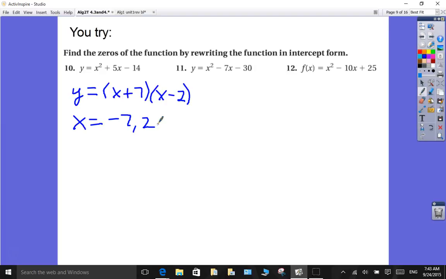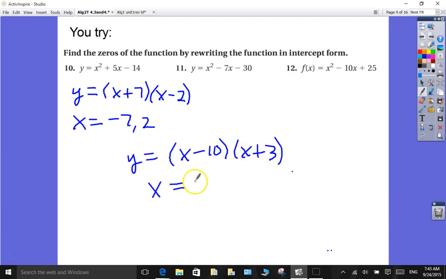How about the next one? What's the factoring? Negative 10, positive 3. So the zeros are x equals 10 and negative 3.